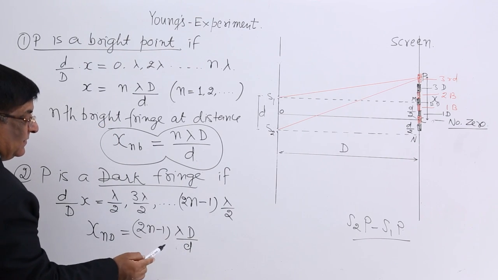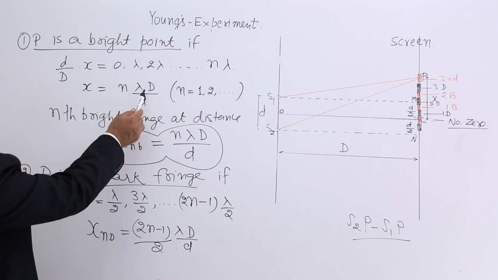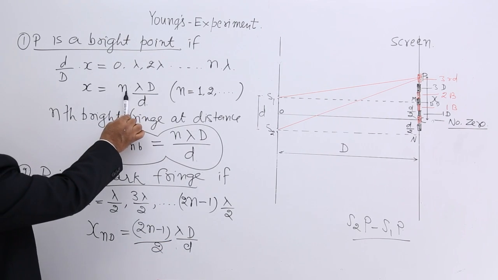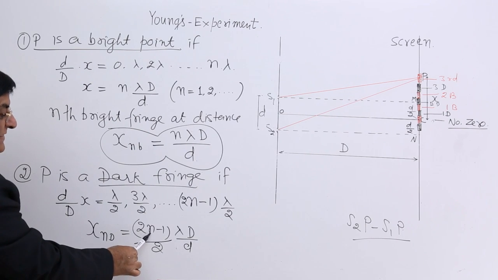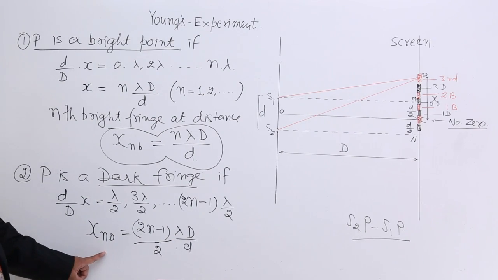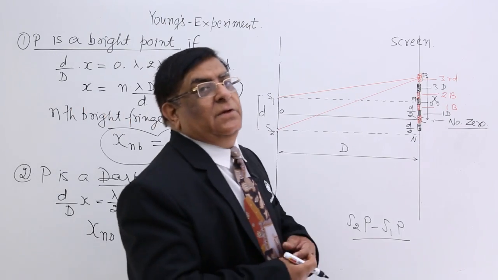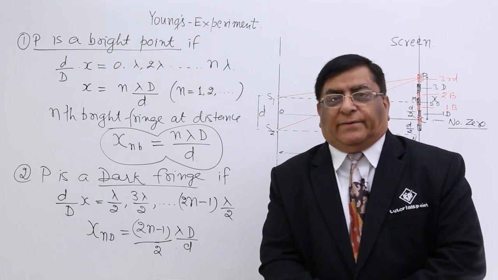You can say this way, lambda D by d multiplied by: n is 1, 2, 3, 4; when you place 1, it is 1 by 2, then 3 by 2, then 5 by 2, like that. This is x. We start from central.